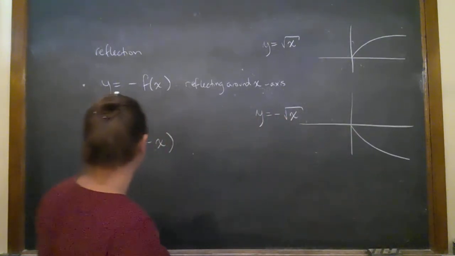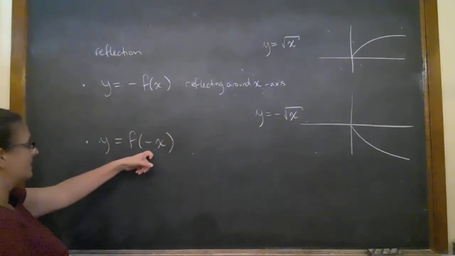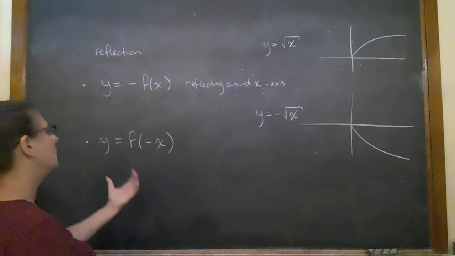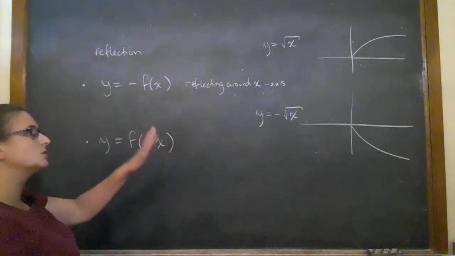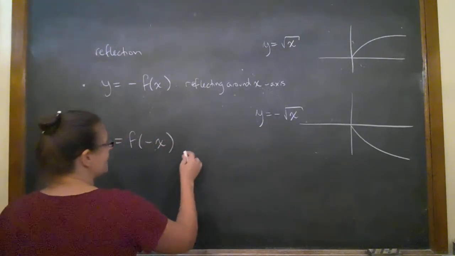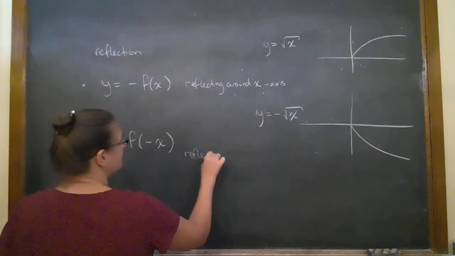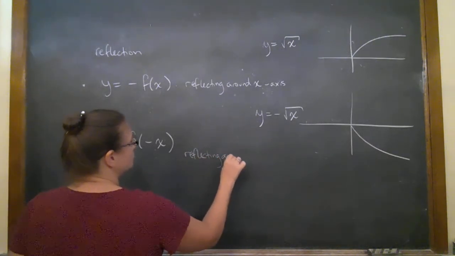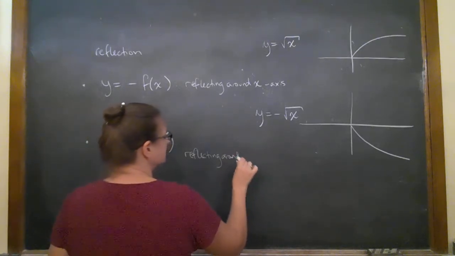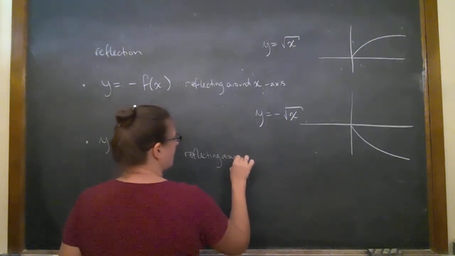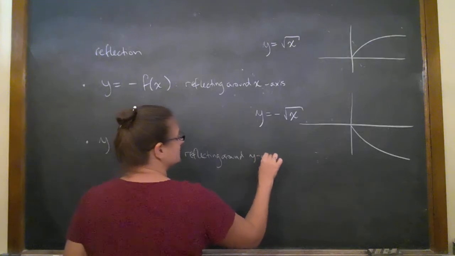Okay? And what about if it's inside? Well, all the positive x's go to negative x's. So in that case, what I end up doing is reflecting around the y-axis.